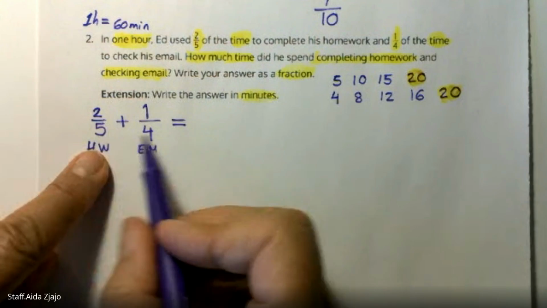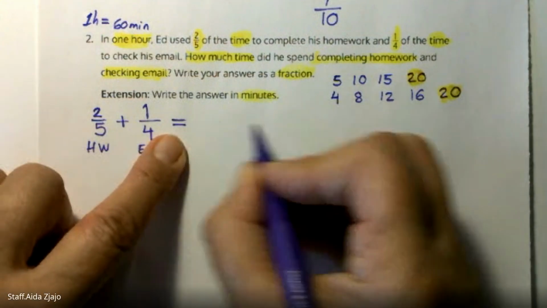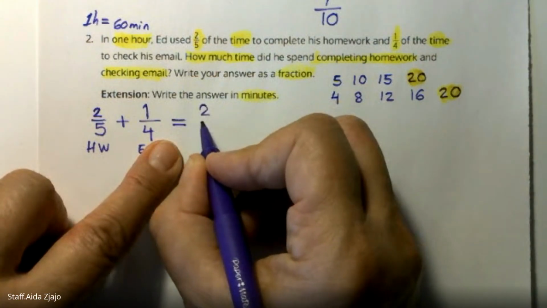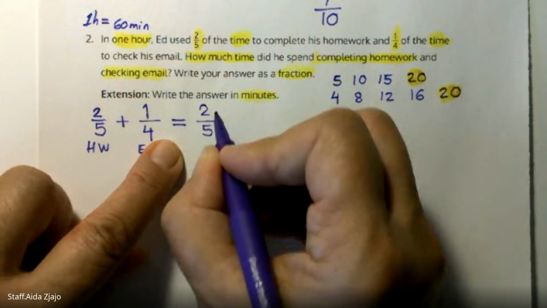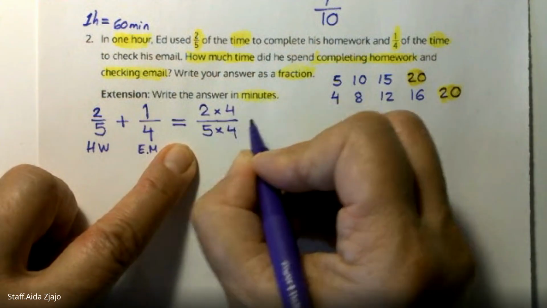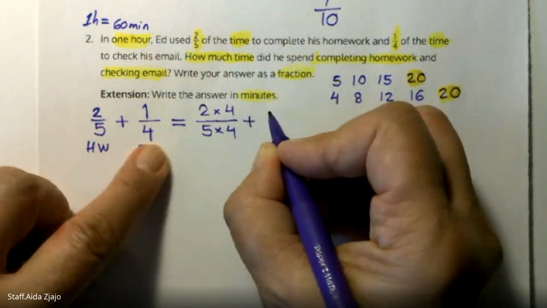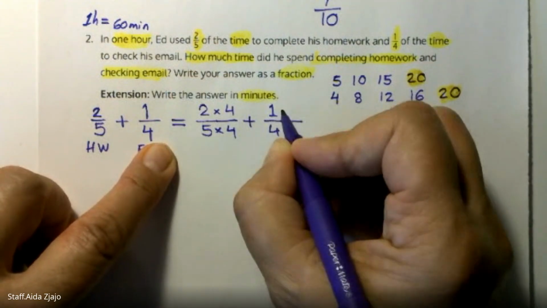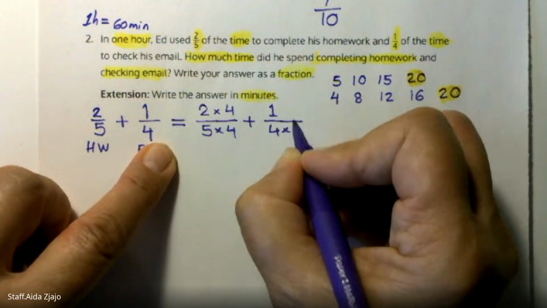So I'm going to do this, and I'm going to now do the horizontal way. So I'm going to do 2/5. I'm going to multiply by 4, and I'm going to add 1/4, but I'm going to multiply by 5.